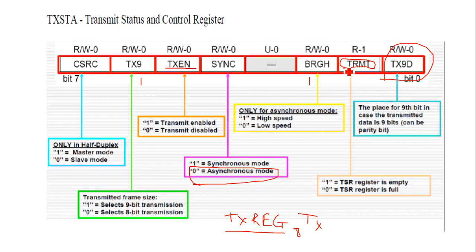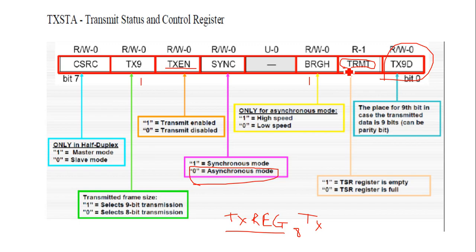When we talk about asynchronous transmission, the data is transmitted with one start bit and one stop bit. So how many bits of data are there? 10 bits. We are transmitting 8-bit data with one stop bit and one start bit, so your total data will be 10 bits.